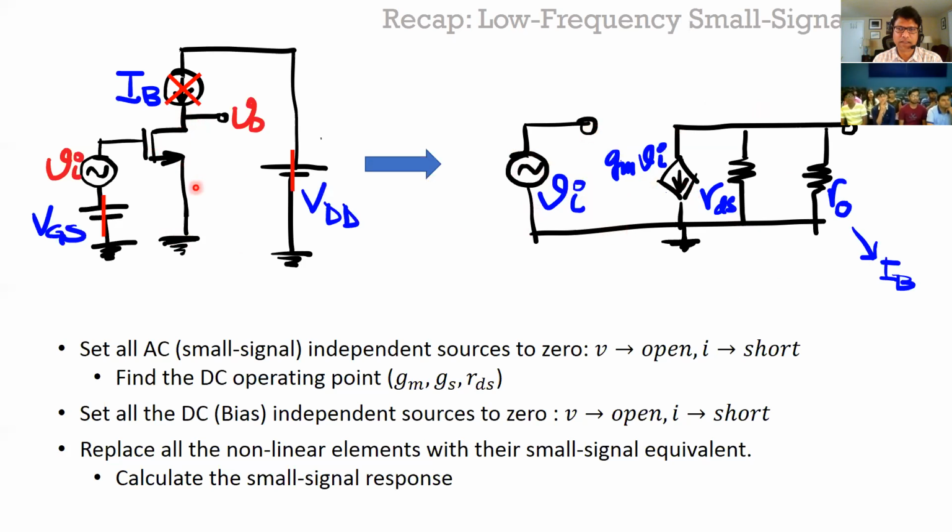And then between the drain and source, you essentially have 2 elements: the transconductance times the gate voltage, which is the input voltage, and then the output impedance, which is RDS. You also have the backbody effect, which is the GS, but in this case, I'm simplifying it by saying that this source is connected to ground. Because your bulk and the source are connected together, that term goes to 0. So I haven't drawn that.